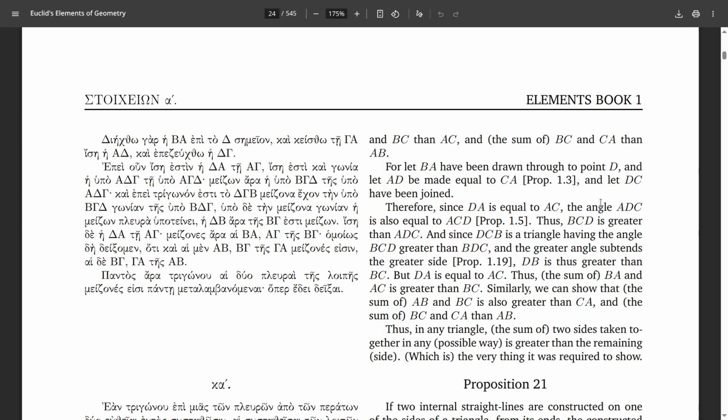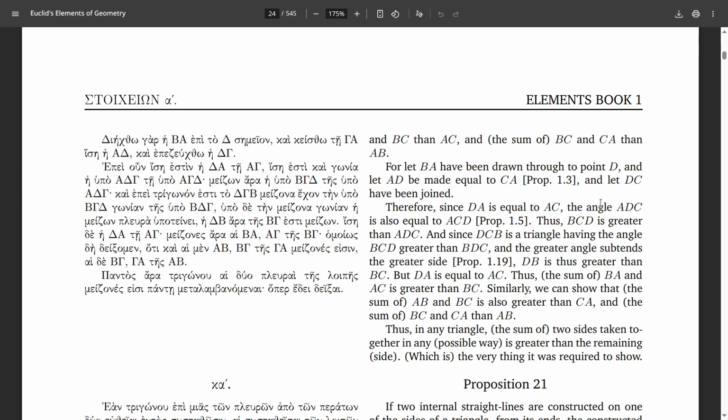From the lengths, you can get the angles. So ADC is going to equal the angle ACD, and I'm blocking that out with a little arrow.